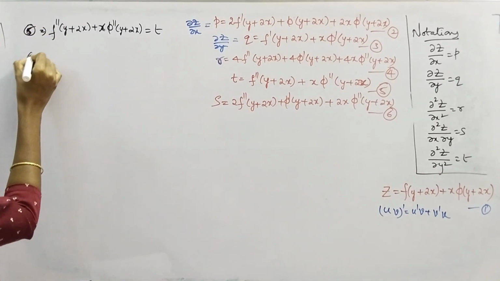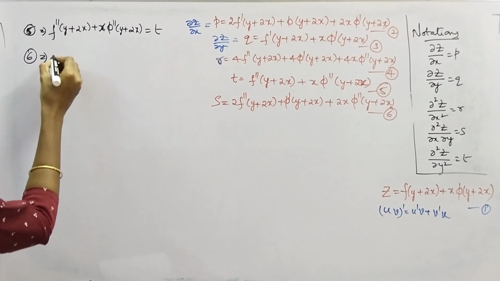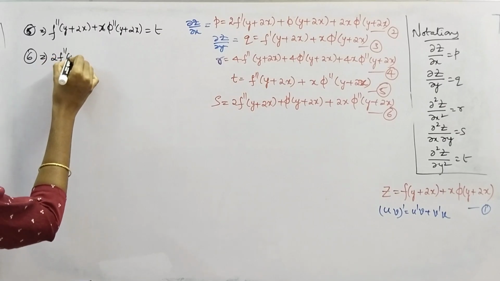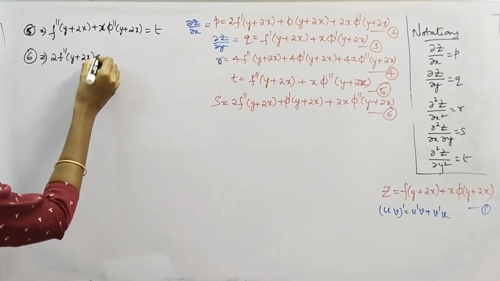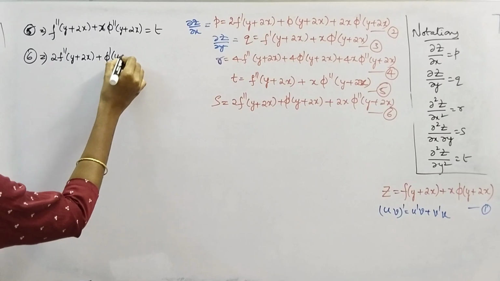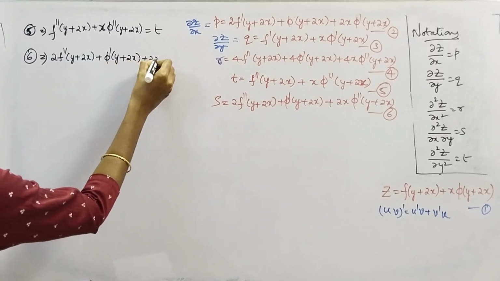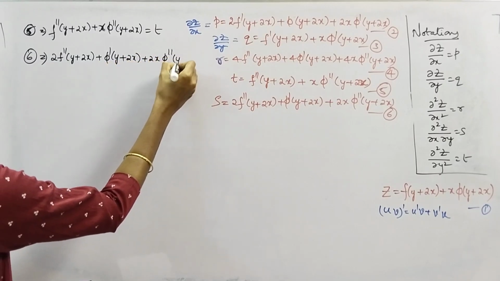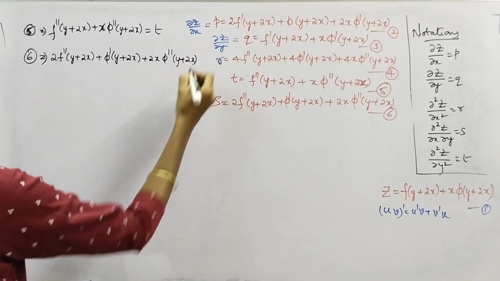Take equation number 6. Equation 6 gives 2 f'' of (y + 2x) plus φ' of (y + 2x) plus 2x φ'' of (y + 2x) equal to s.